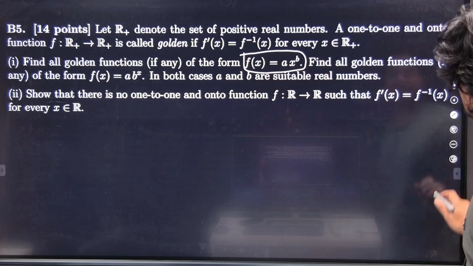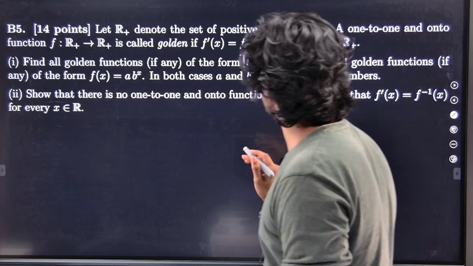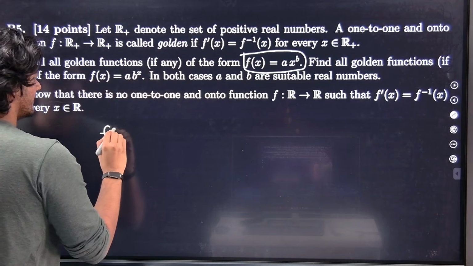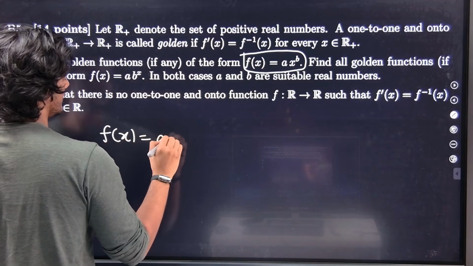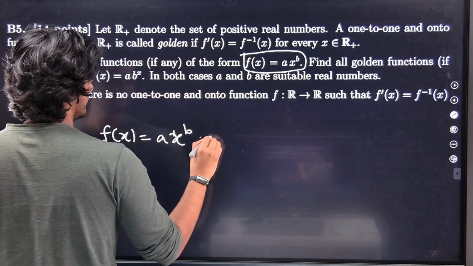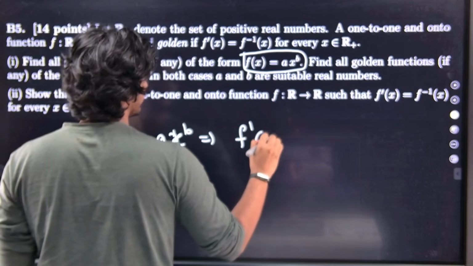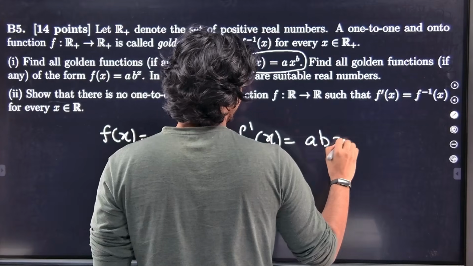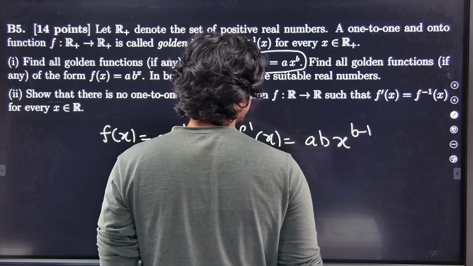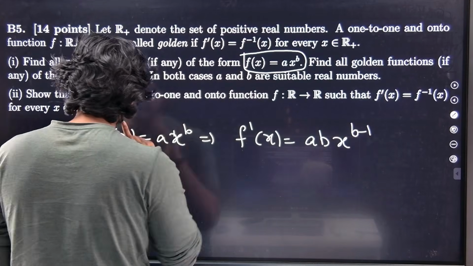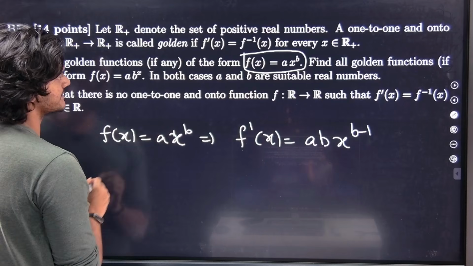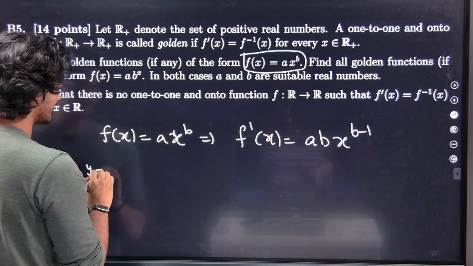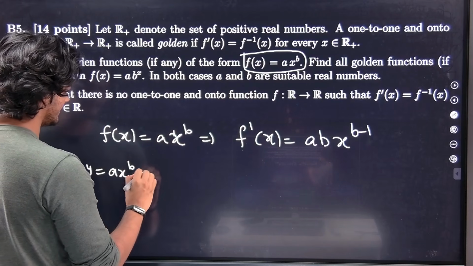Right? So let's see if such a form is possible. So f of x is equal to a x power b. That implies f dash of x is ab x power b minus 1. And what is the inverse? So let's say y equals a x power b.